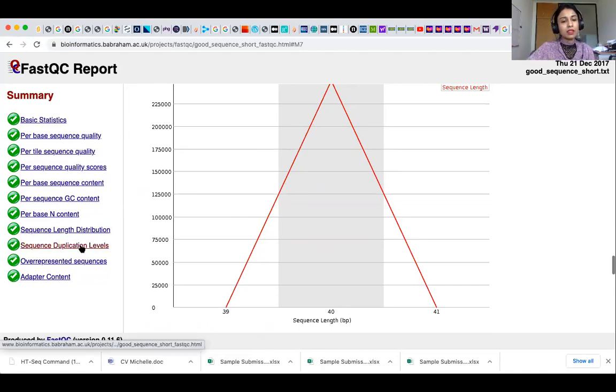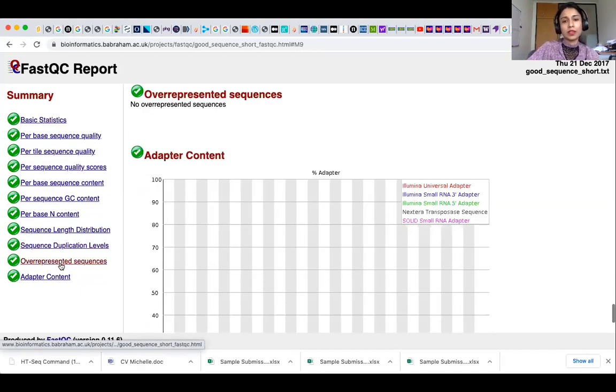And next is the most important one that you need to look at, overrepresented sequences, right? So over here, this shows no overrepresented sequences, which is good, right? That means no adapters were sequenced, no Illumina primers were sequenced as well, right?